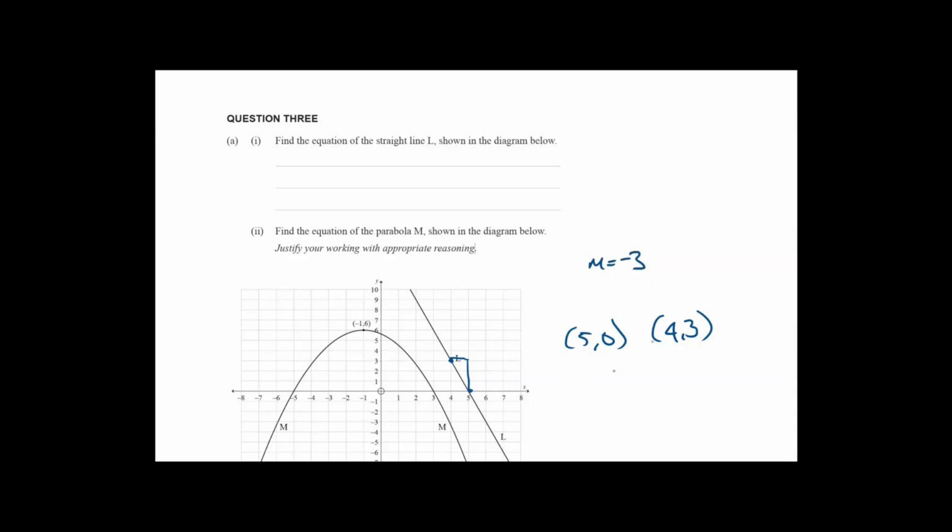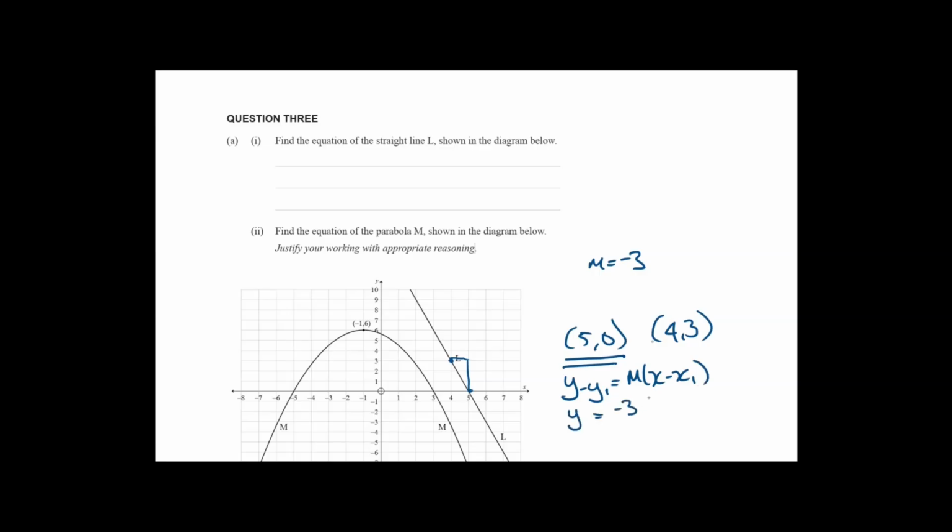So with that, let's choose one of these points and put it in. So y minus y1 is going to be equal to m times x minus x1. y1 is 0, so that's going to stay there.